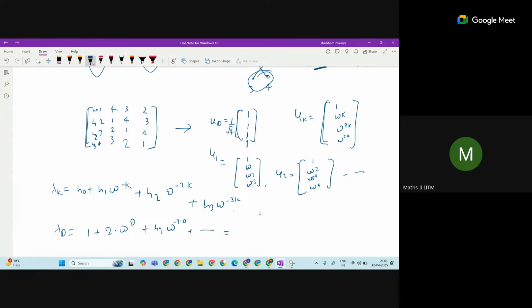So what is going to be 1 plus 2? Just sum them. The first eigenvalue is just the sum: 1 plus 2 plus 3 plus 4.